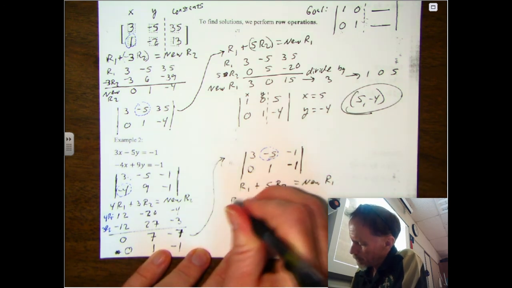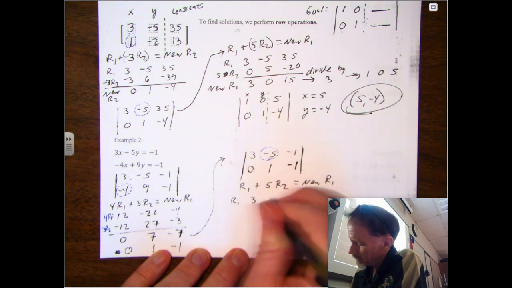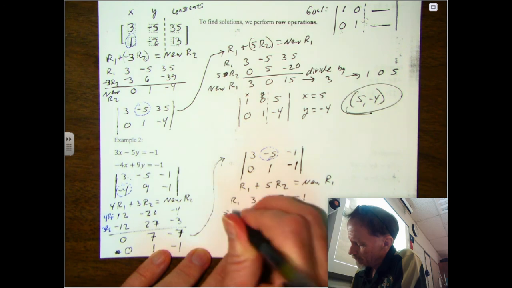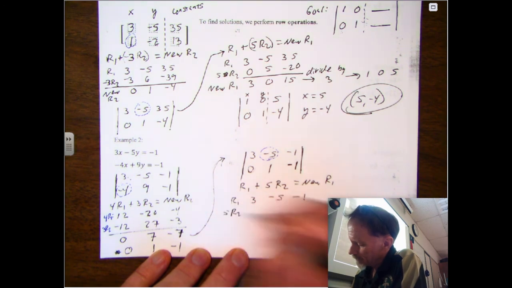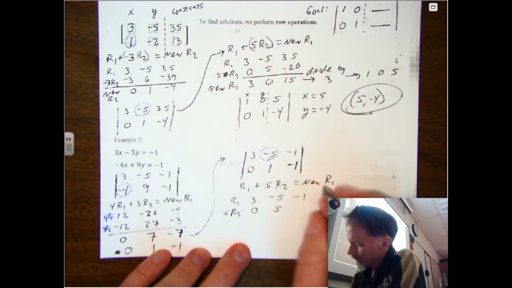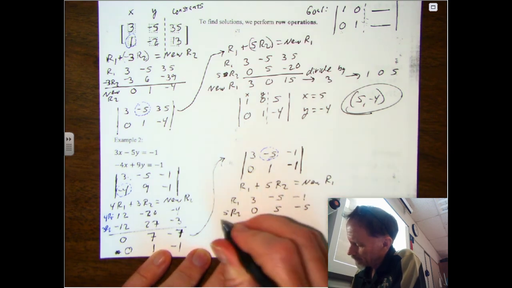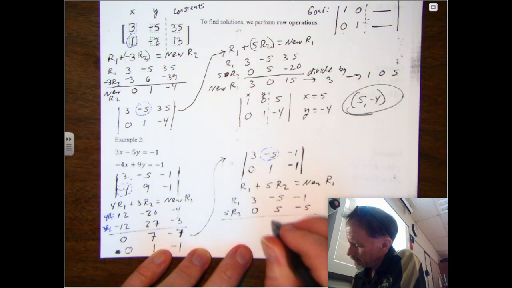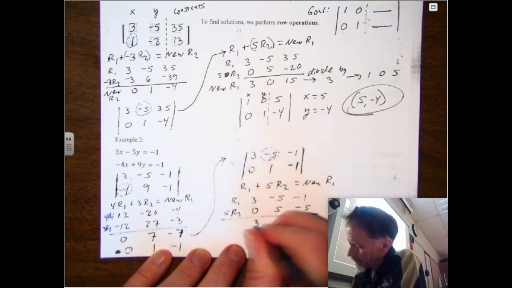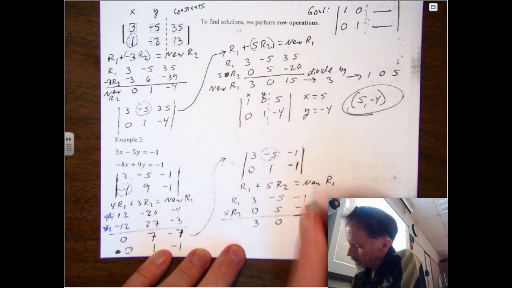Okay? So again, write down row 1 just the way it is. 5R2 is 0, 5, and negative 5. Combine those, and you have 3, 0, negative 6.